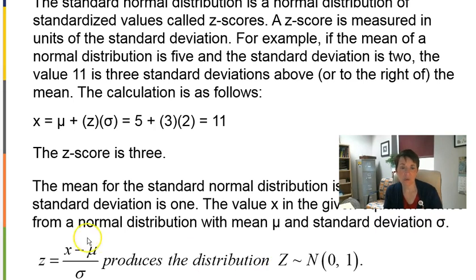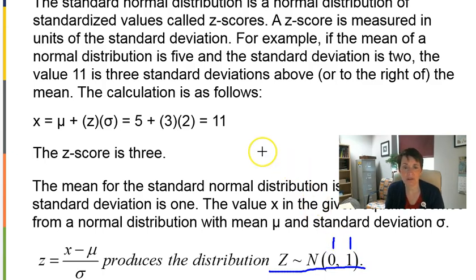To find an actual z-score number, I would take the point that I am interested in, subtract the mean, divide it by the standard deviation, and that's what gives me the z-score. And it is written like this over here, where my standard deviation is 1 and my mean is 0.